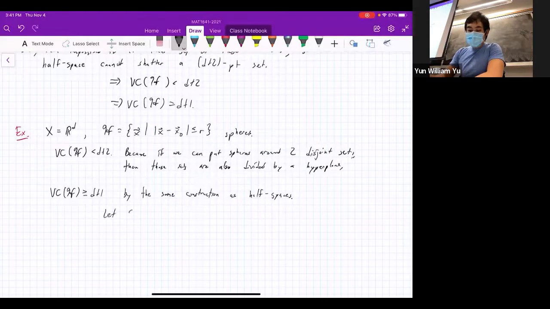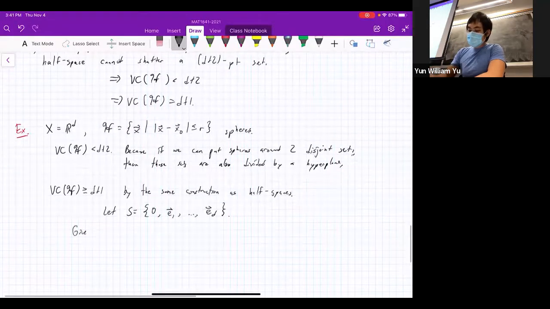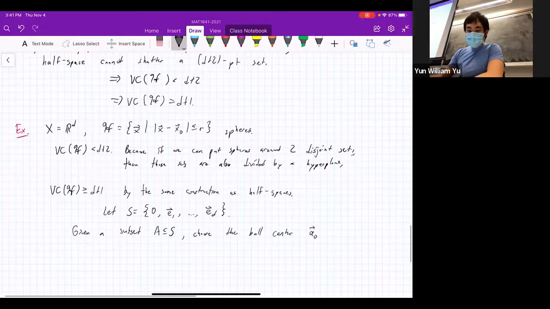So if we let S be equal to 0, e1 through ed again, then given a subset A contained in S, we're going to choose the ball center a0 to be equal to the sum over a in A of each of our a's.